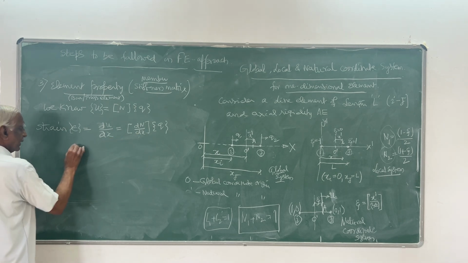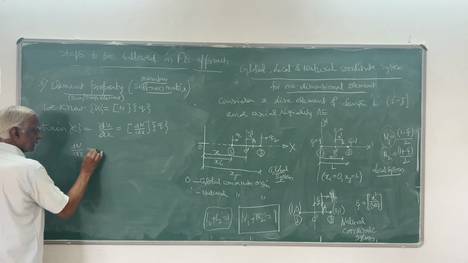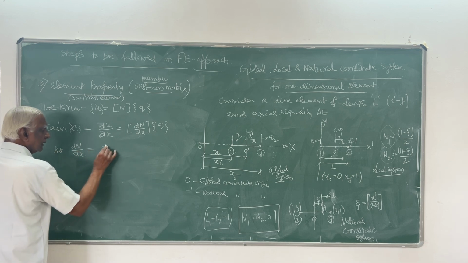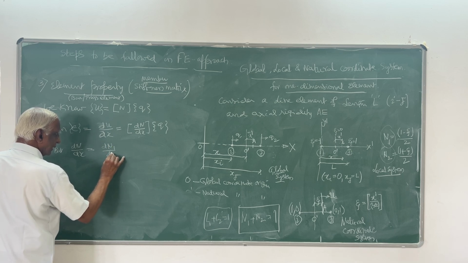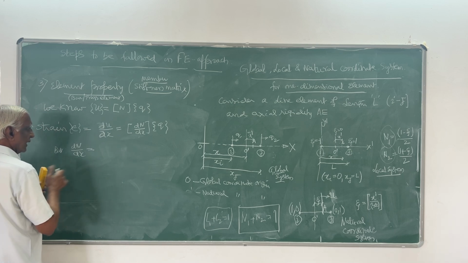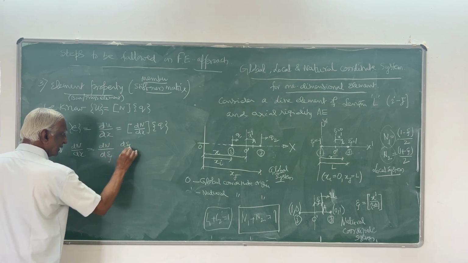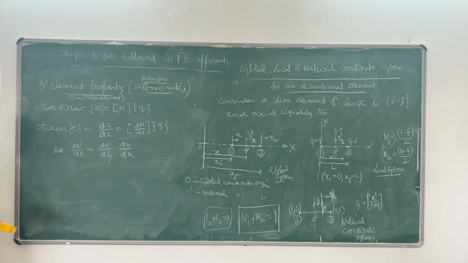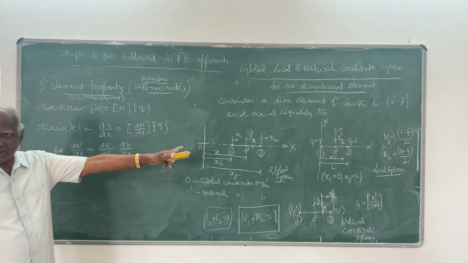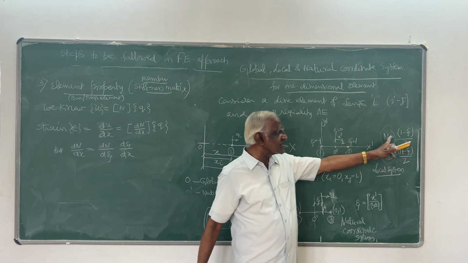So this dN by dx is nothing but dN1 by dx. You can write it as dN1 by d psi times d psi by dx. I will convert it into the natural coordinate system, because d psi cancels, it will be the same as d by dx. What is d psi by dx?